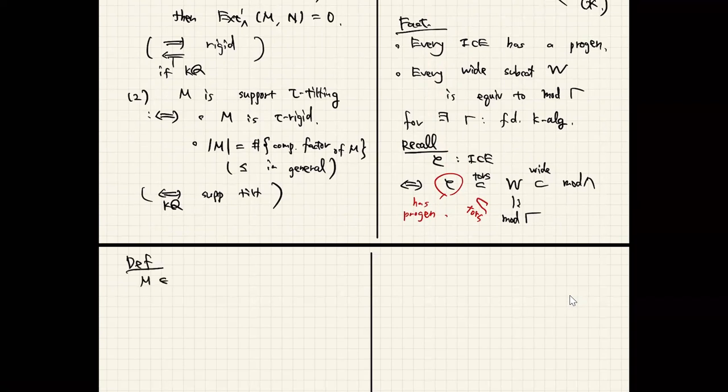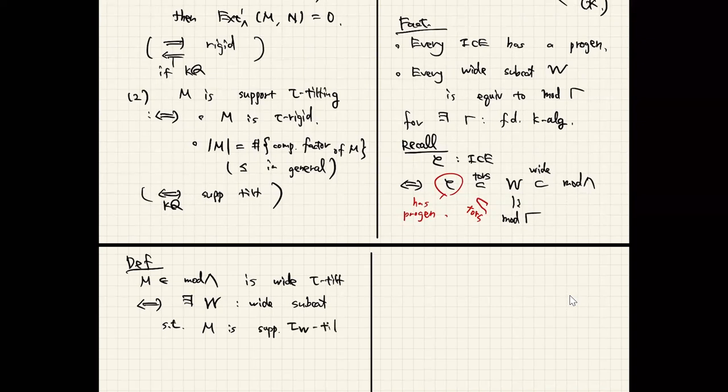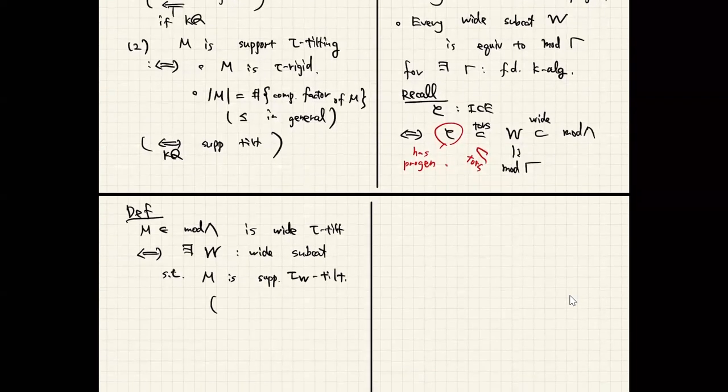A lambda-module M is wide tau tilting if there exists some wide subcategory W such that M is support tau-W tilting. Tau-W tilting means that since W is equivalent to a module category, we can speak of tau tilting gamma-modules.